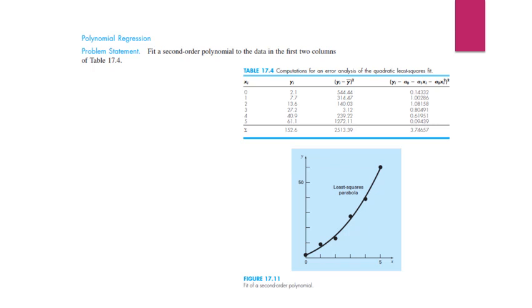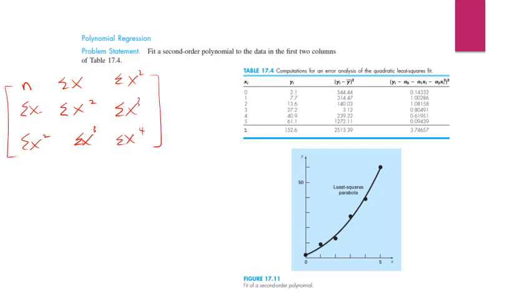So what we need is the value of n, then summation x, summation x squared, summation x cubed, and summation x to the power of 4, and then you get a0, a1, a2. Then you need summation y, summation xy, and summation x squared y.